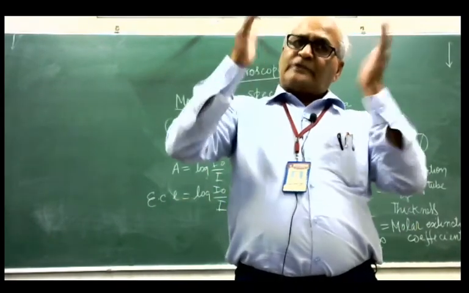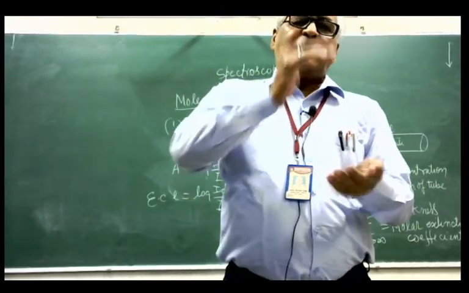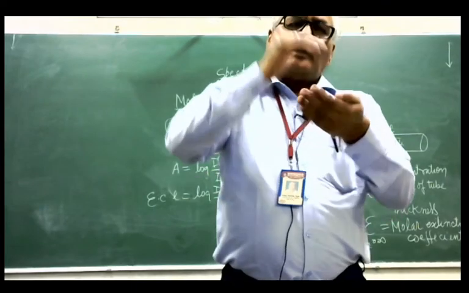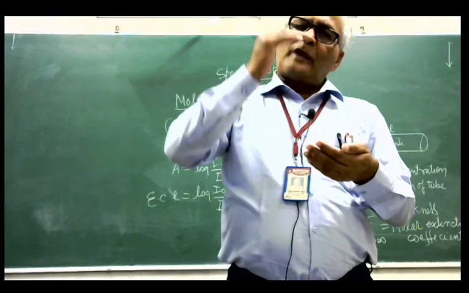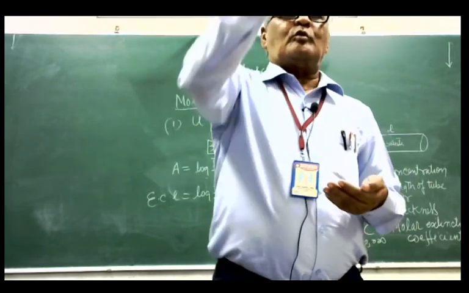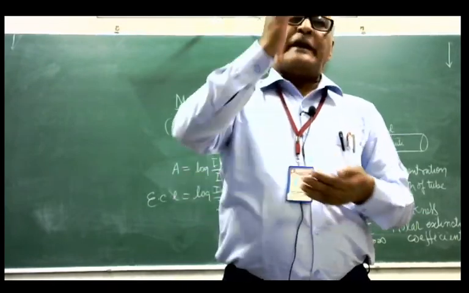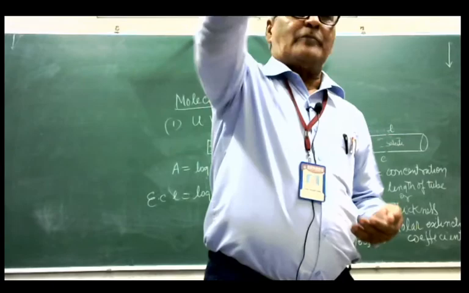So we shall discuss how the transition of an electron takes place from one molecular orbital to another, meaning from bonding to anti-bonding: sigma to sigma star, pi to pi star, n to pi star, n to sigma star.